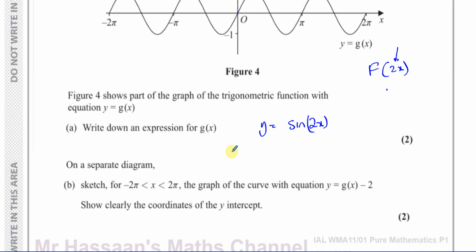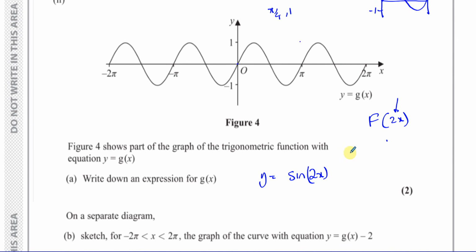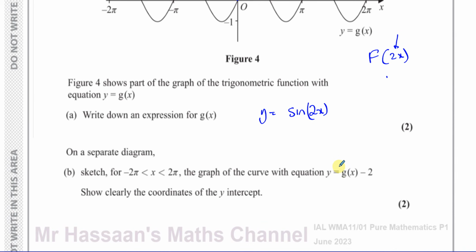And then for part B, 2a, it says on a separate diagram, sketch for x between -2 pi and 2 pi, the graph of the equation y equals g of x minus 2. So we're going to take this graph and do a vertical translation of 2.